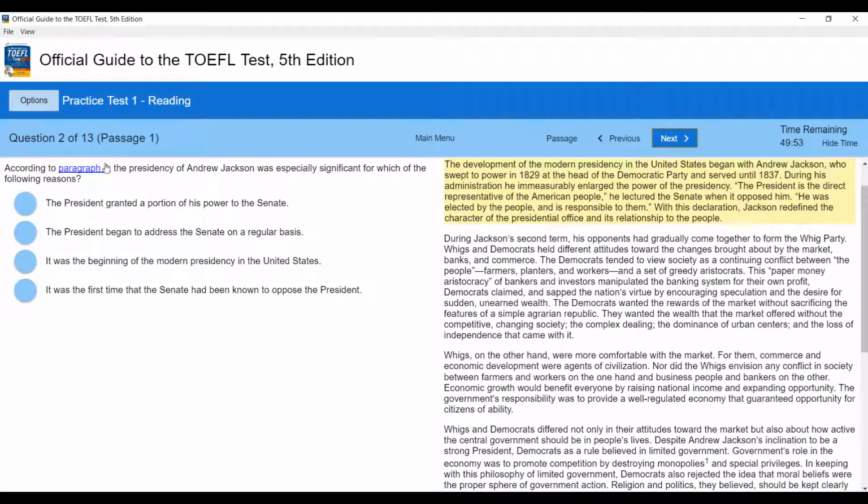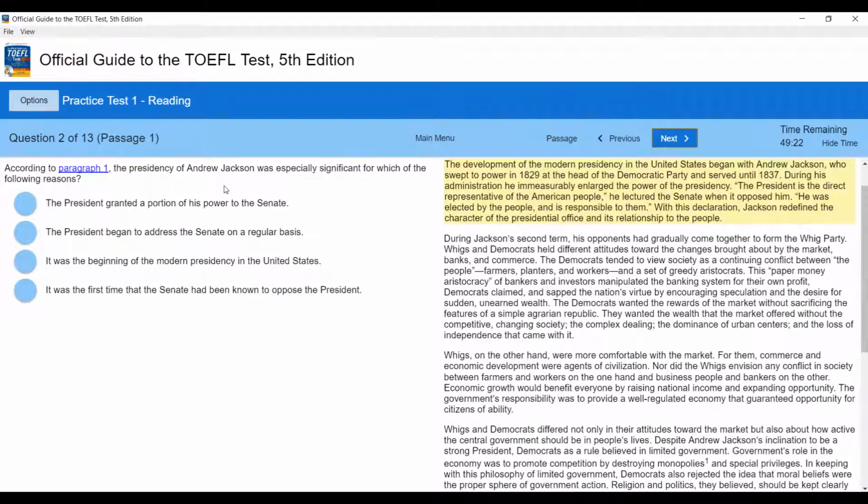This one says according to paragraph 1. So we want to see that and know that this is a detail question, and we're going to be looking for keywords about the presidency of Andrew Jackson being especially significant for which of the following reasons. Basically, what this means is why was it significant? What changed? And it's only going to be one of these answers.